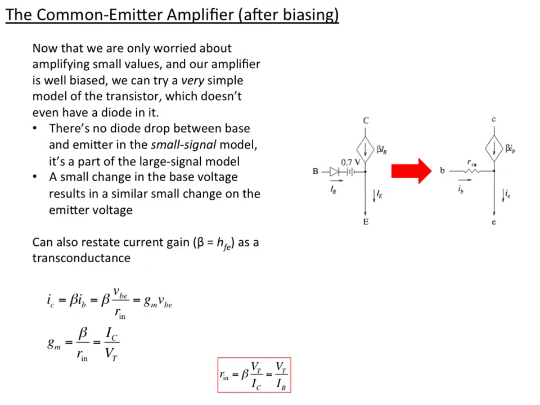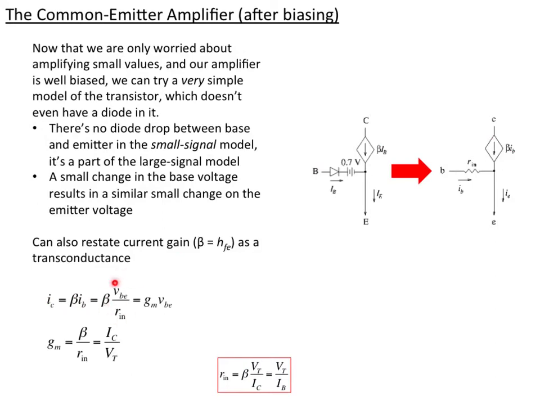We can also rewrite that in this case as a transconductance, where we'll have a voltage controlling the current rather than a current controlling the current. This is a current-controlled current source where we have beta, but we can turn it into a voltage-controlled current source with a transconductance g, and we just do that in the normal way because the current flowing into the base is the same as a voltage across this resistor. So the small scale changes in collector current is beta times the small scale changes in the base current.